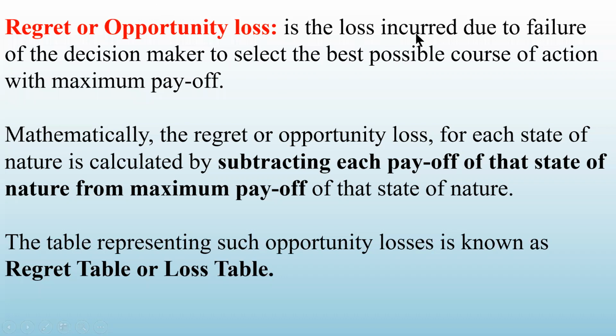Regret is the loss incurred due to the failure of the decision maker to select the best possible course of action with maximum payoff. Now, mathematically, how are we going to calculate the regret values?